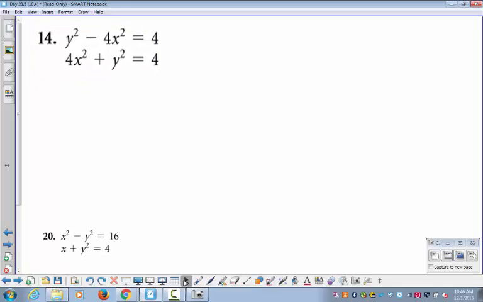All right, let's take a look at this one. The top equation is pretty easy to solve for y squared. So we have that y squared is going to be 4x squared plus 4. And that y squared is then substituted into equation 2, eliminating the y squared.